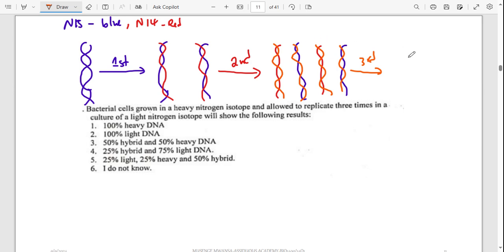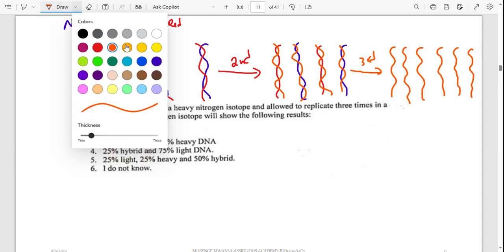There are 1, 2, 3, 4, 5, 6, 7, 8. So 8 strands. Of the 8, 6 are red. So the 6 red, 1, 2, 3, 4, 5, 6.